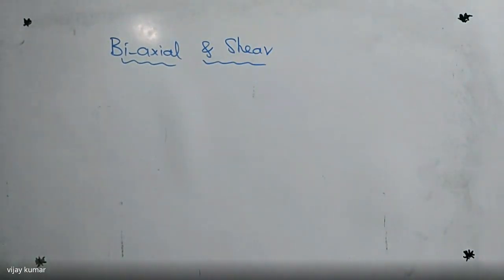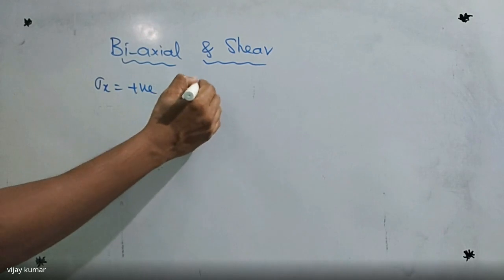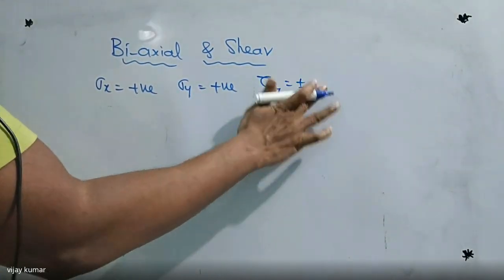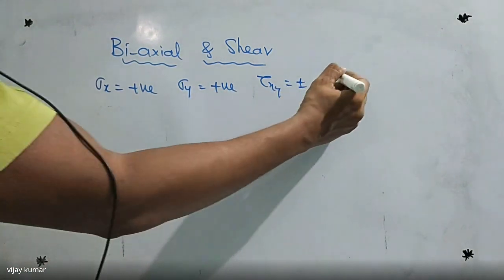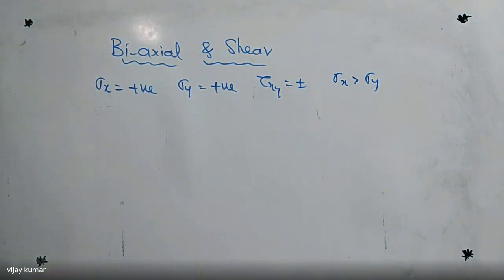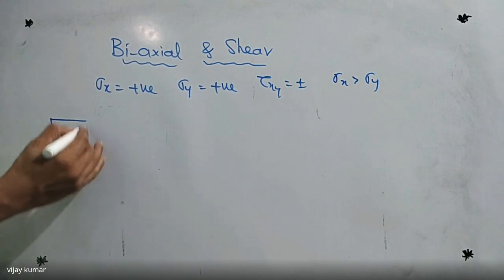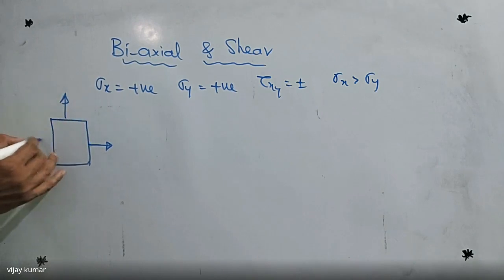In the biaxial shear case, I am taking sigma x as positive and sigma y also positive, and tau xy we can take as plus or minus, positive or negative. Here also I am taking sigma x always greater than sigma y. This is the indication of the state of stress on a component at any point on the component.